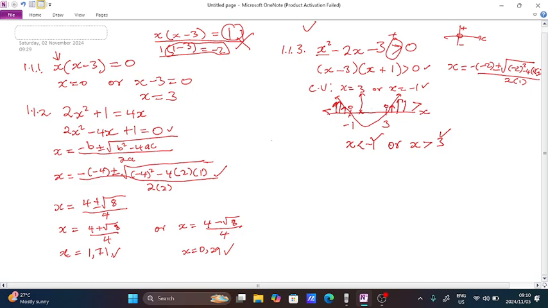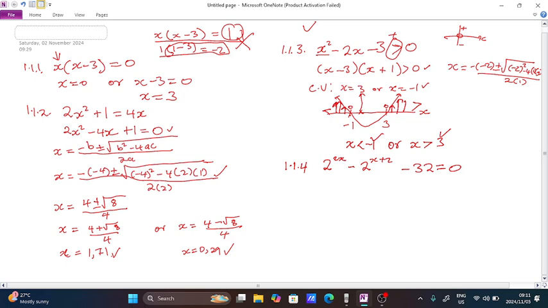Then now we have 1.1.4. Under 1.1.4, we have the exponents saying 2 to the power 2x minus 2 to the power x plus 2 minus 32 equals 0.